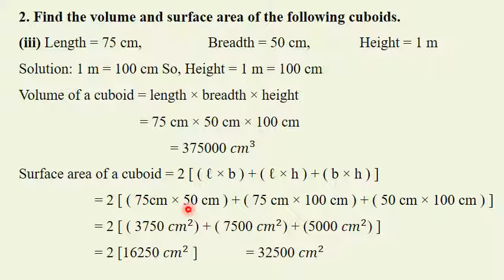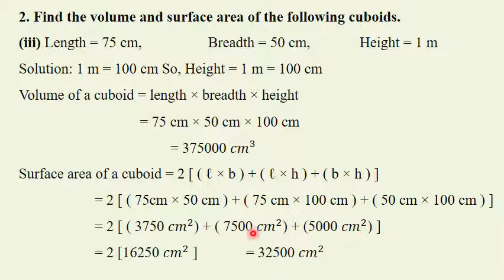After substituting all these values, we have 75 centimeter into 50, plus 75 into 100 centimeter, plus 50 into 100 centimeter. After the multiplication, we will have 3750 centimeter square, because we are multiplying centimeter 2 times, so it will be a square unit. And 75 into 100 is 7500 centimeter square, and 5000 centimeter square.